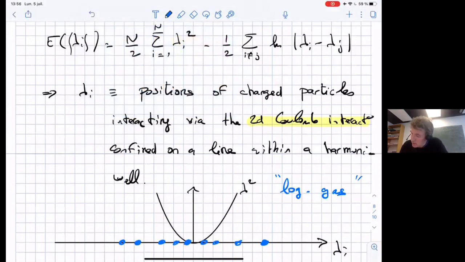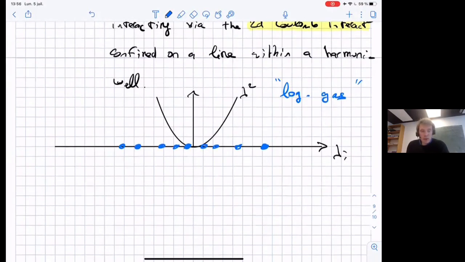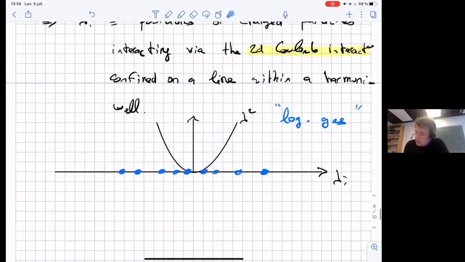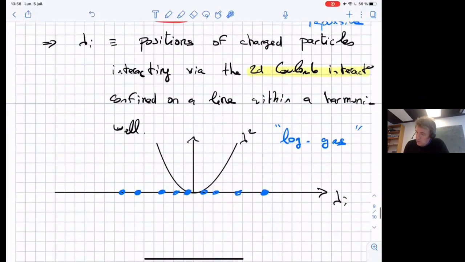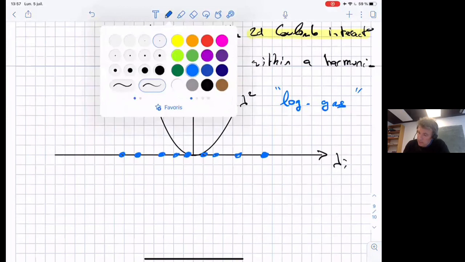So a good way of thinking about this problem is that there is a competition between the potential well, which would like to push all the particles down to the center, and the repulsive interaction.